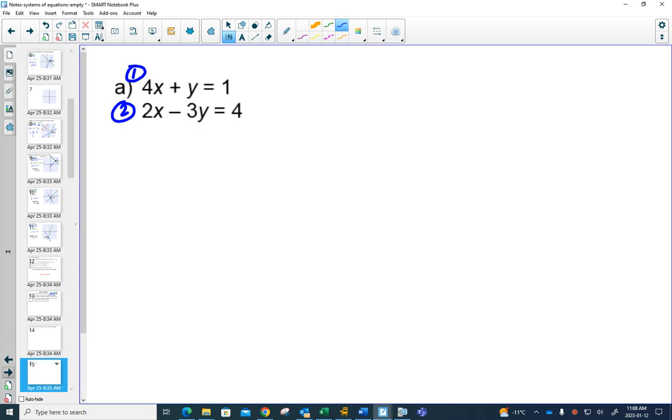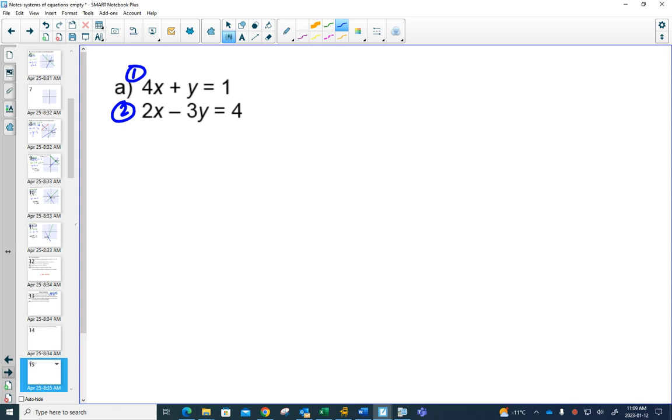I'm going to look at equation number 1 and equation number 2 and try to decide if there is a variable that's easy to get all by itself. Sometimes there isn't, and you just have to, but sometimes there's one that's easier than the others. This is such an example. There is a variable that's easier to get by itself, the x or the y. The y. And would you use equation 1 or equation 2 to get the y all by itself?